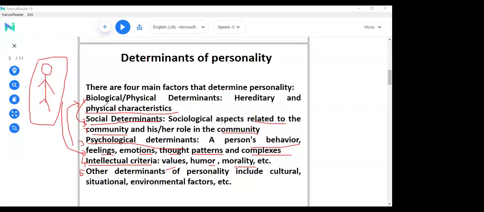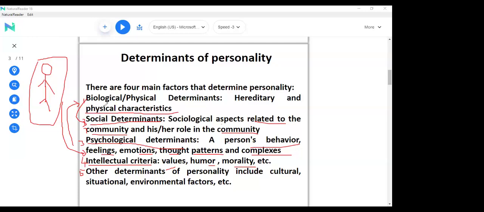We can't divide them or take some margin. Only the physical characteristic determinants or the biological determinants change personality. Or the social determinants only change personality.